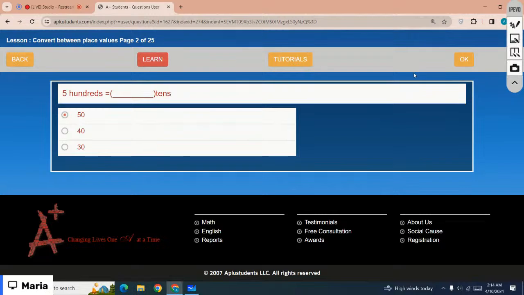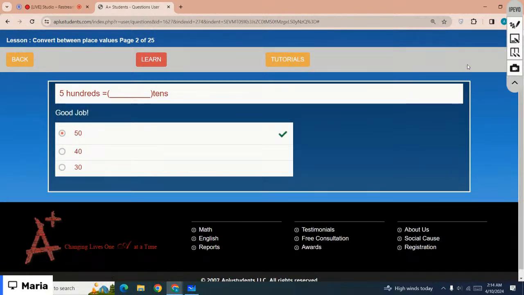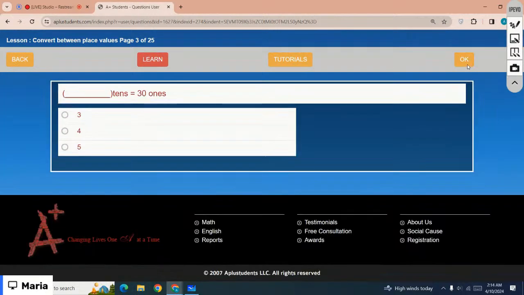Option number 1 is the correct option. How many tens equal 30 ones? Which is the correct option? Yes, the correct option is 3 tens equal 30 ones.